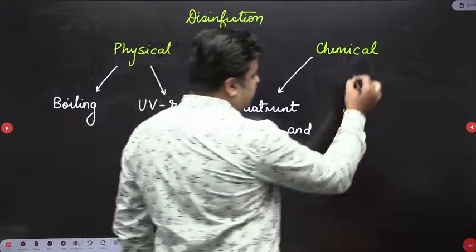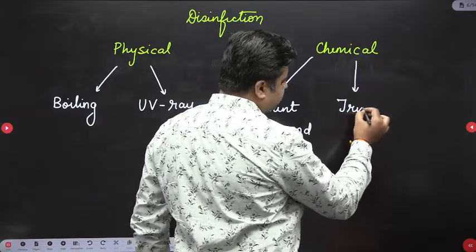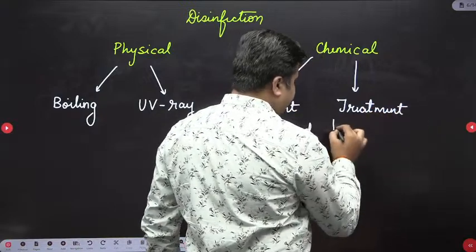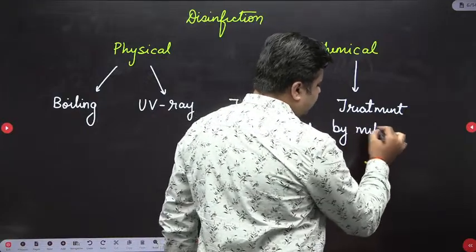The second chemical method of disinfection is treatment by metallic ions. Like copper, silver, gold, we have treatment by metallic ions.